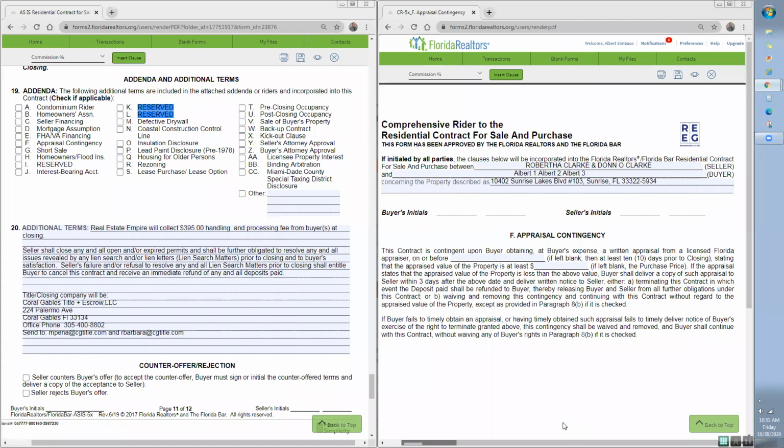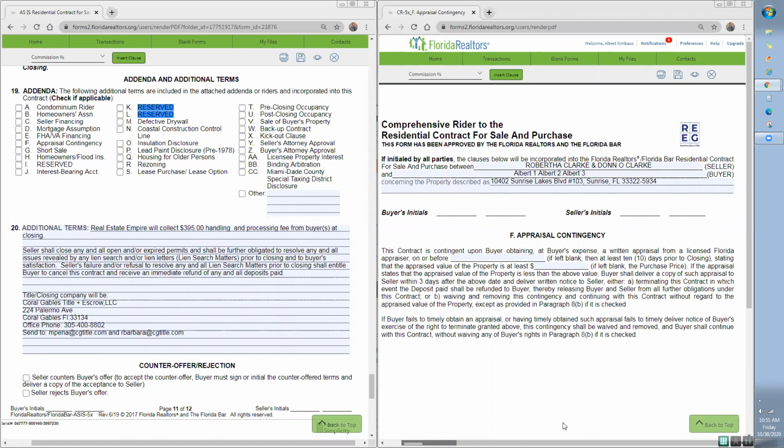or make offer without appraisal contingency. Okay. Basically, what this does is it allows the buyer of the property to tell the seller, hey, I'm going to place an offer on your property, but the appraisal of the property needs to come in at the price I want it to.